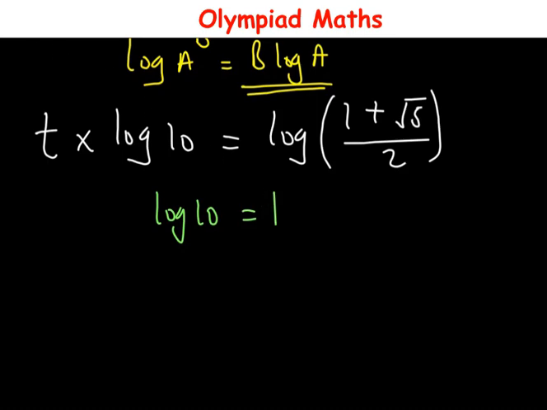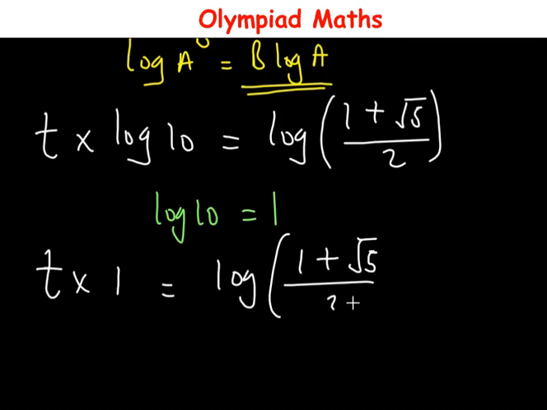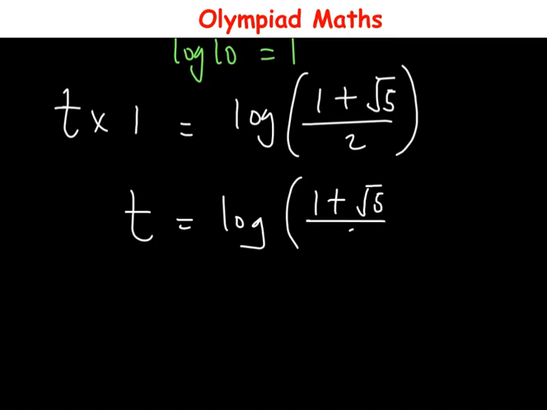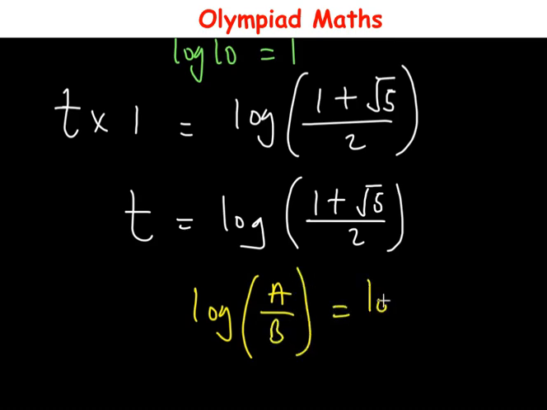So we have t times 1 is equal to log of (1 + √5)/2, and t times 1 is t, which equals log of (1 + √5)/2. To simplify this further, we apply this rule of logarithm, that log of a over b equals log a minus log b.